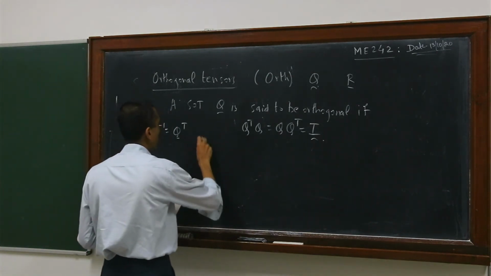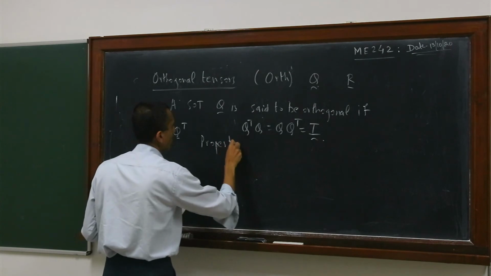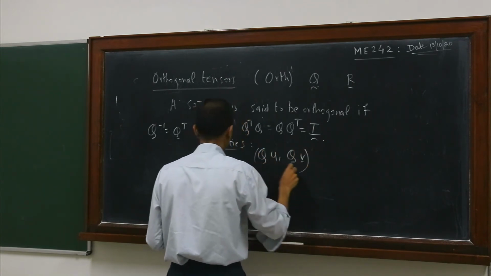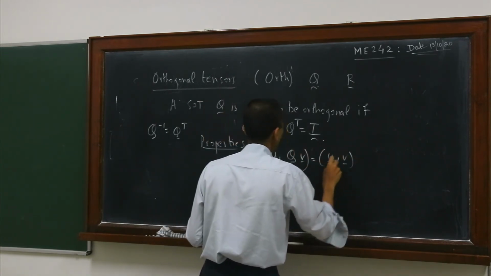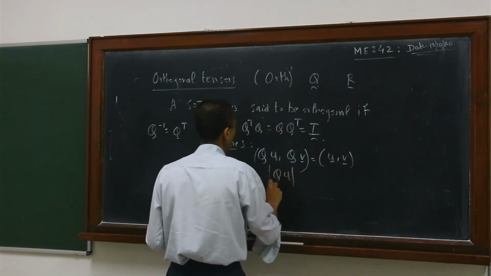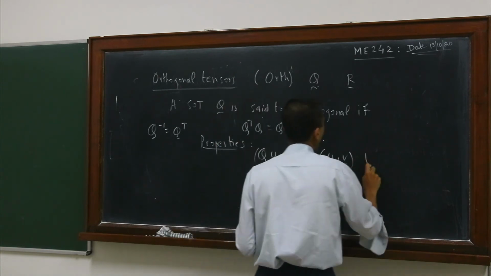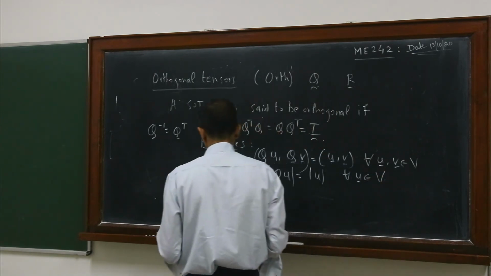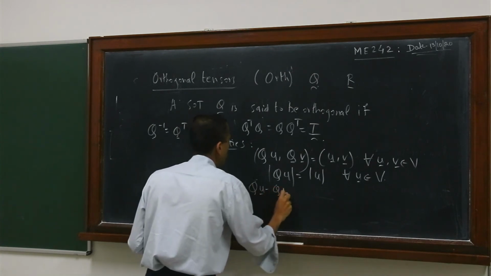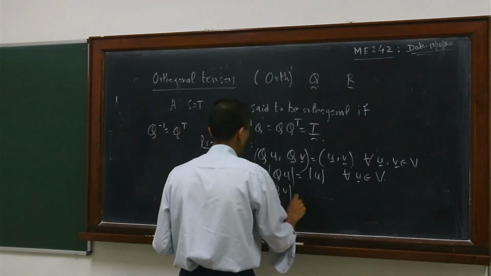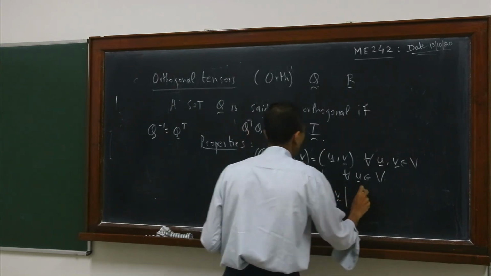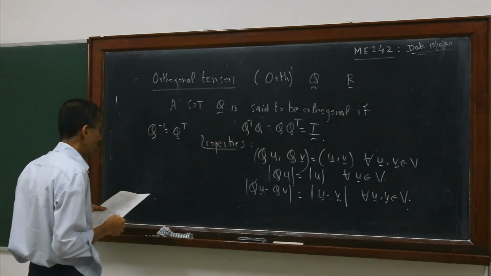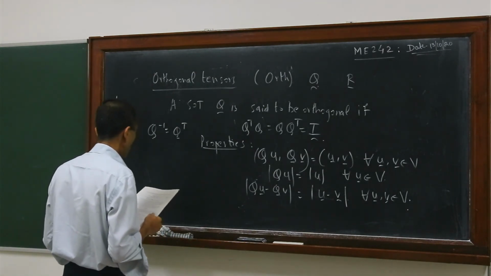So we have the following properties. We have the inner product of QU and QV is equal to the inner product of U and V, and the norm of QU is equal to the norm of U. The first is for all U, V, and the second is for all U. And the norm of QU minus QV is equal to the norm of U minus V, for all U, V. Actually all these properties are equivalent.